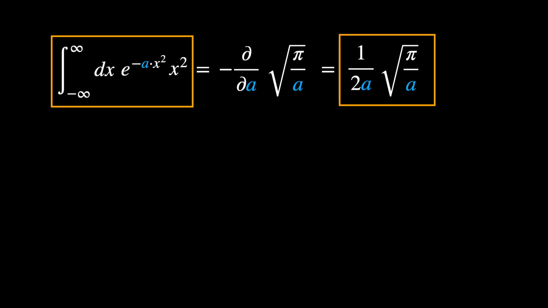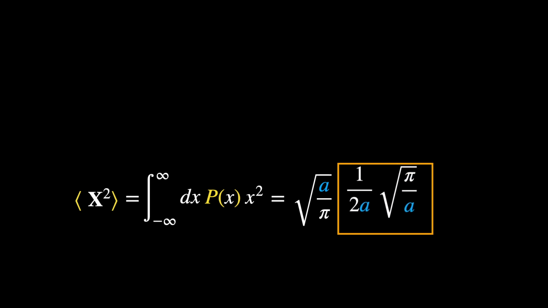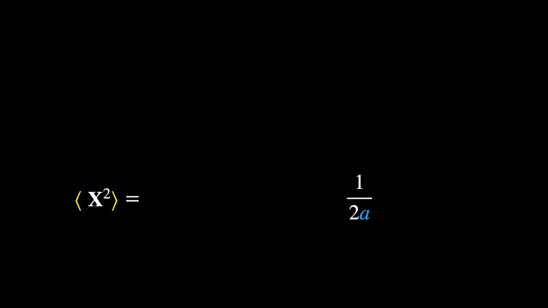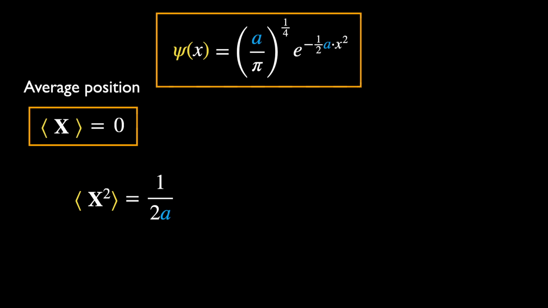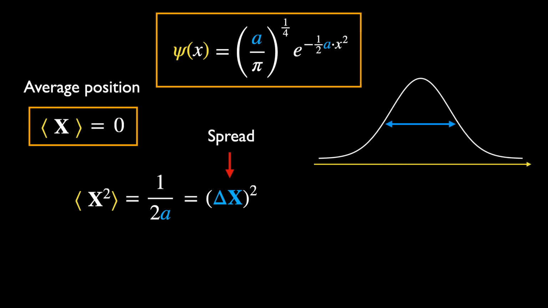Let's substitute this back to the main expression, and we get this simple result for the average of x squared. This happens to be the square of the spread in position, since the average position is 0. The spread is a measure of the average width of a probability distribution.